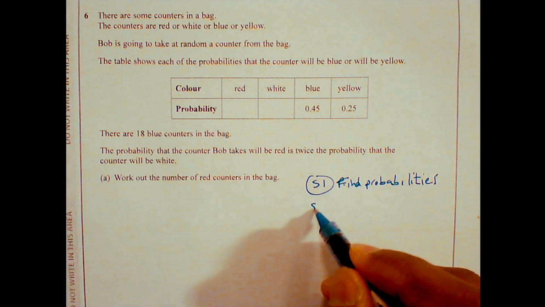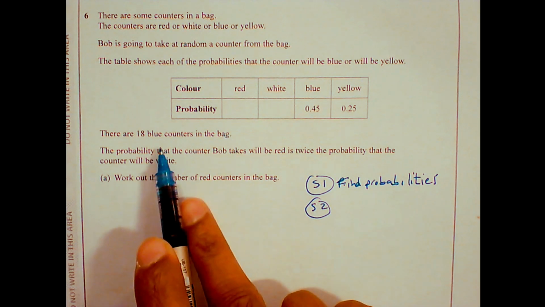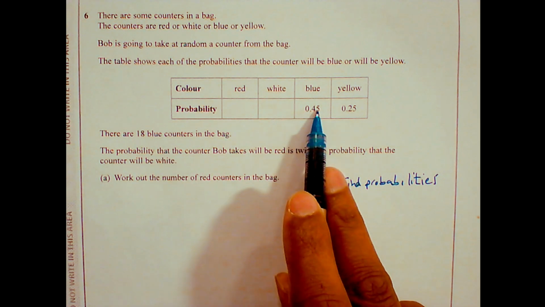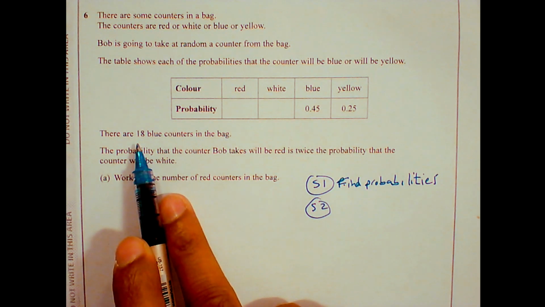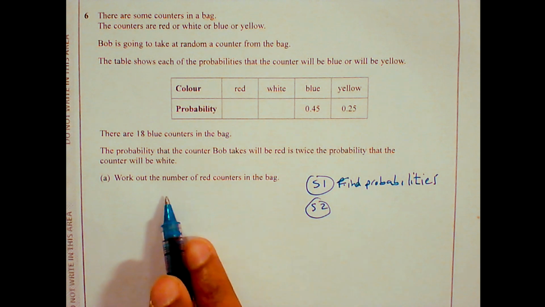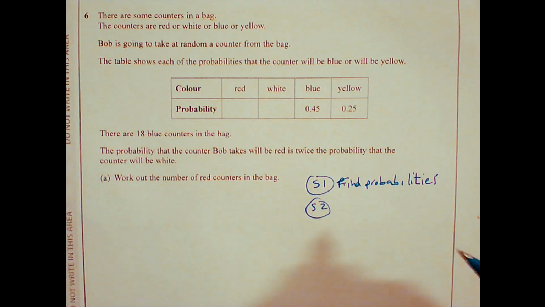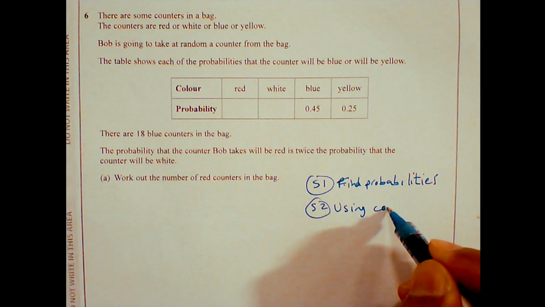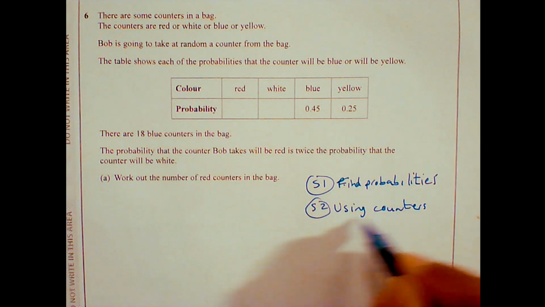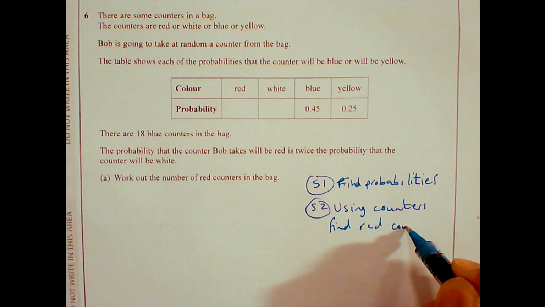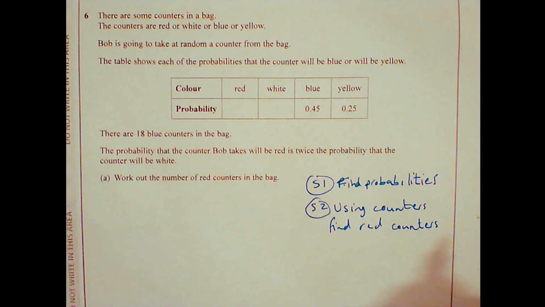So step 2 is using the blue counters, because you've got blue is 0.45, is 18 blue counters. So using the counters, we need to find the number of red counters. So 2 steps, and within these steps we'll have other things to do.